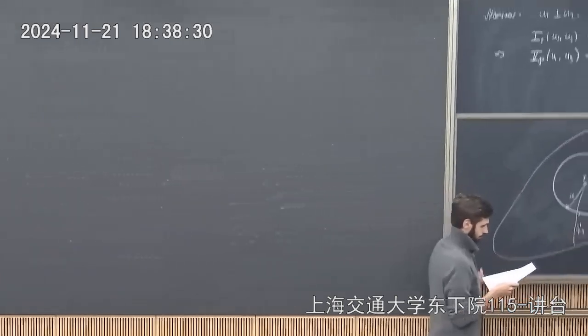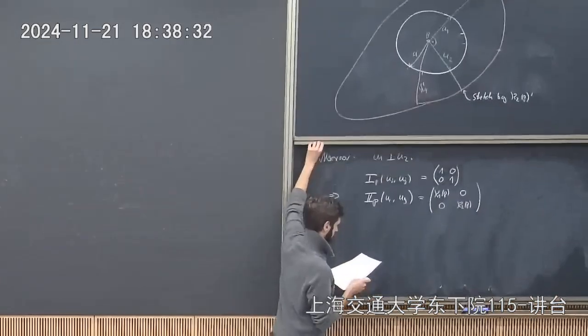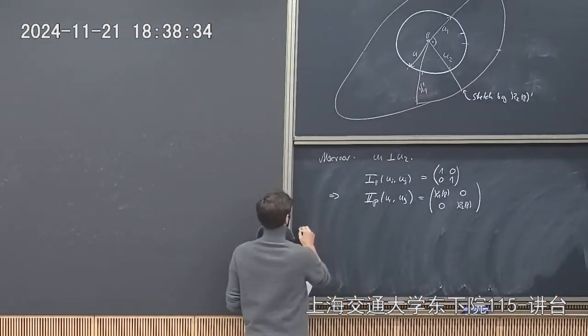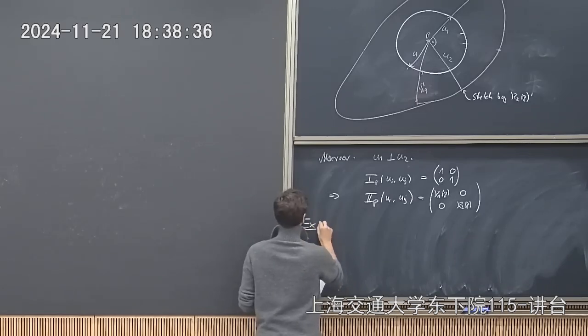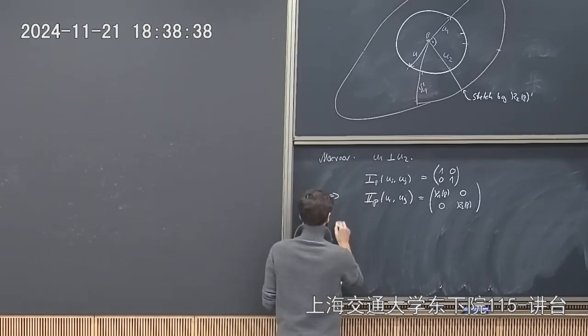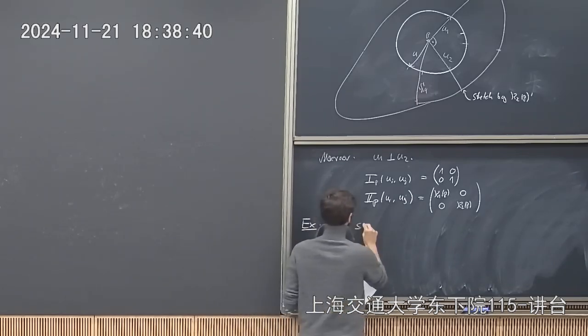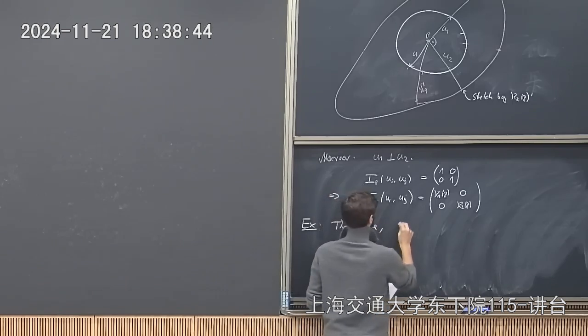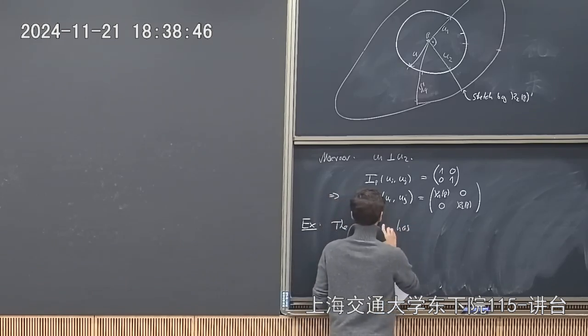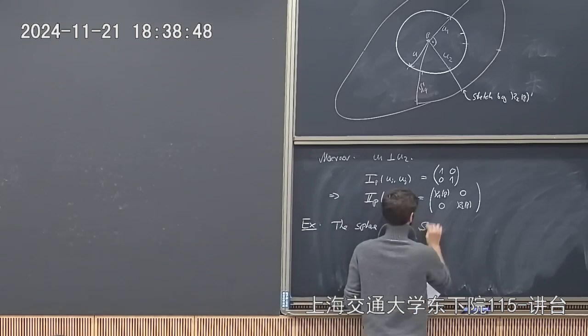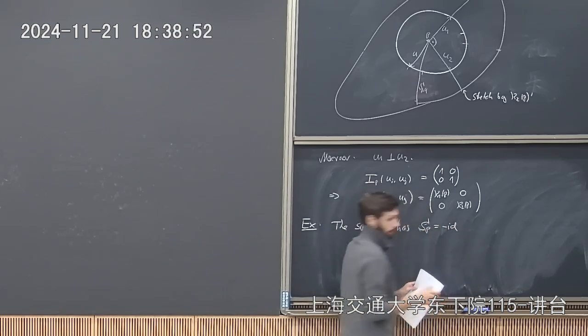So let's have a look at some examples. The first example would be the sphere, which has a shape operator which was minus the identity.